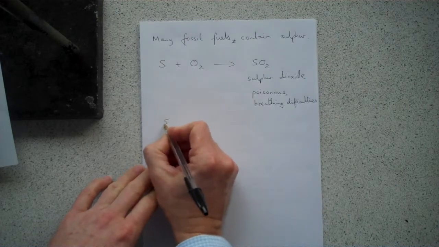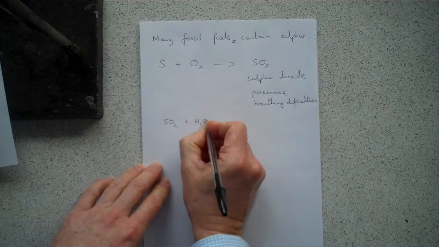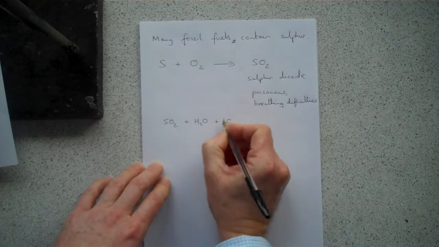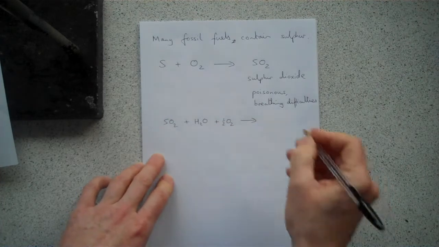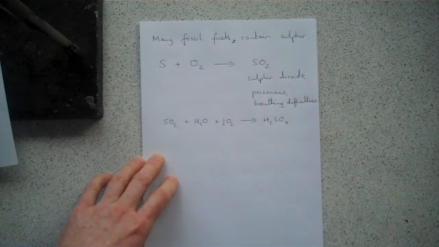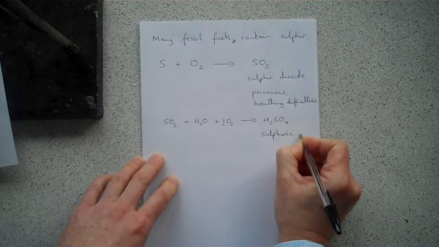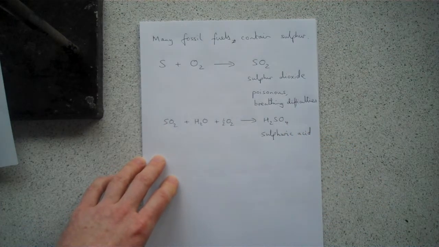because sulfur dioxide, when you react it with water and also a little bit more oxygen, half a molecule of oxygen for every molecule of sulfur dioxide, you end up with sulfuric acid. Now, sulfuric acid is a very strong acid, so you don't need much of that to make the atmosphere a little bit acidic.